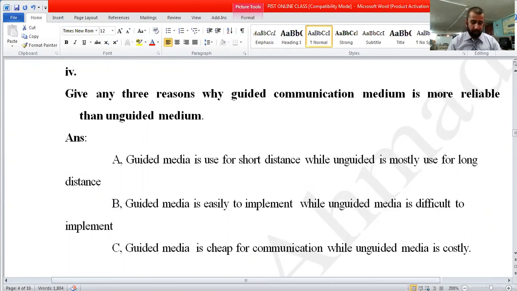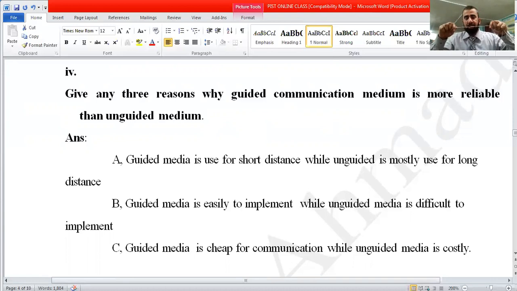What is guided media? Guided media is also called physical media, and unguided media is called wireless or logical media. For example, guided media is when cables are involved between two devices.